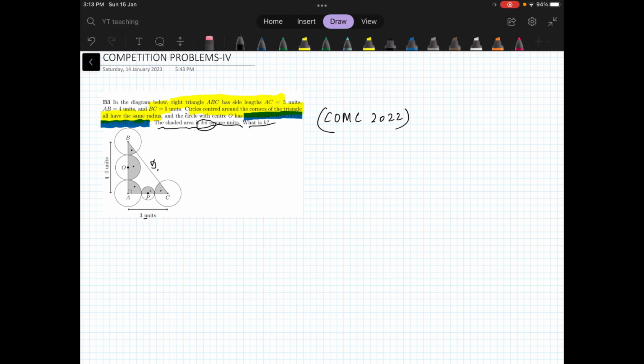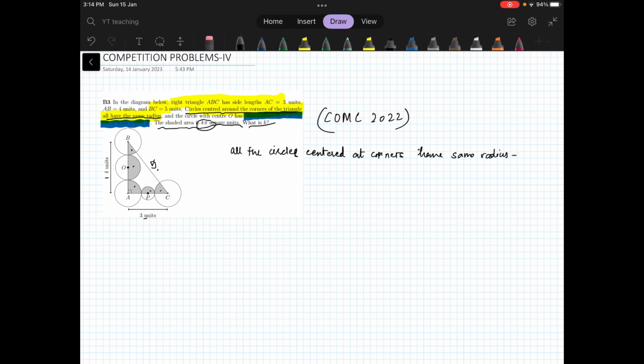Then look at the second piece of information which says circles centered around the corners of the triangle all have the same radius. Okay, so let us say this is y. So all the circles centered at corners have the same radius.